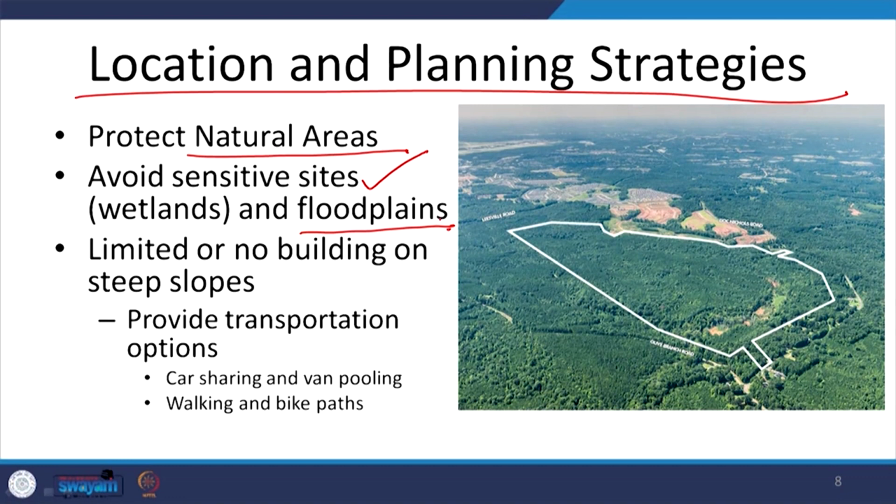We have to limit or not build on any of these steep slopes. Unfortunately, if we look at all the hill towns these days, because of the increase in migration, people move to the city areas more and more, and the steep slopes are being constructed.